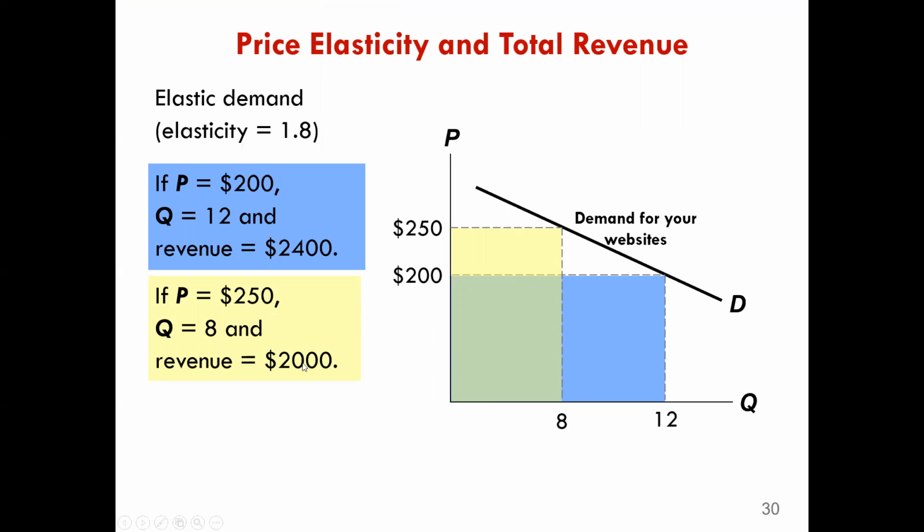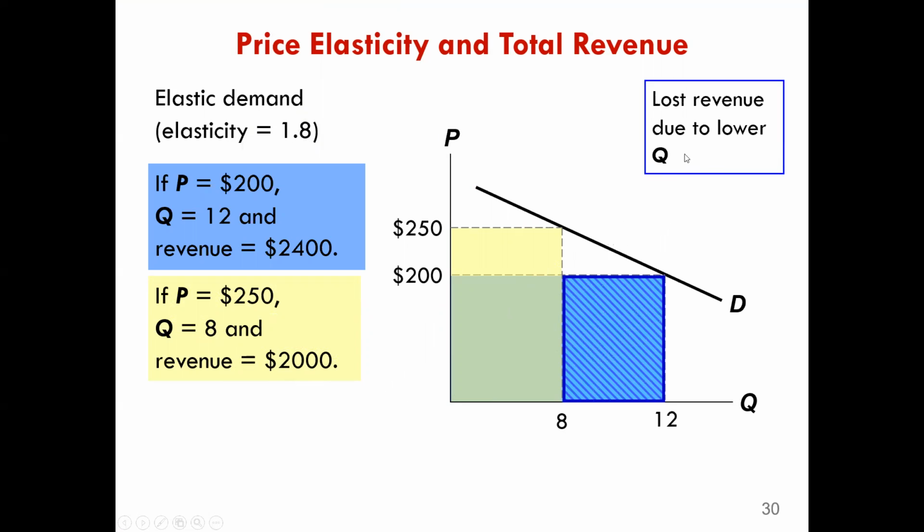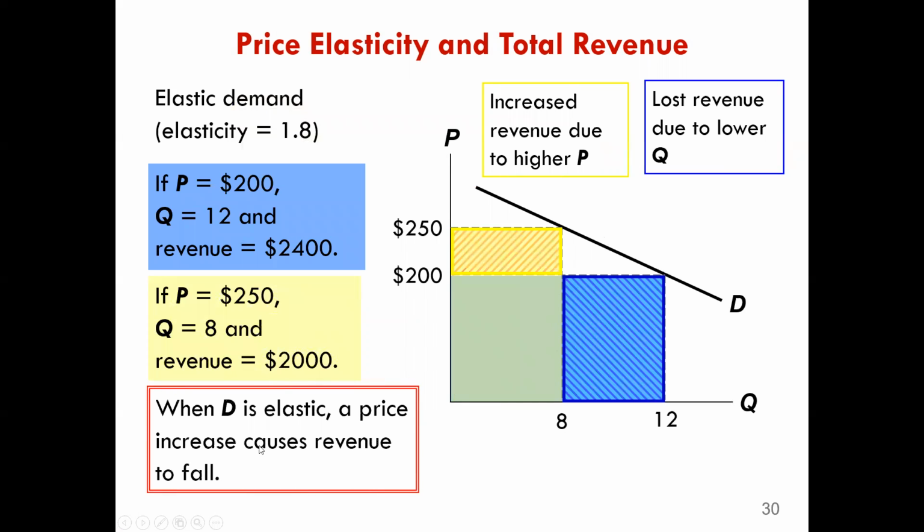So now his total revenue declines to $2,000. And so there is a loss of revenue due to the lower quantity demanded. And of course, the increase in price increases revenue. So the net effect is that when demand is elastic, price increases cause revenue to fall.